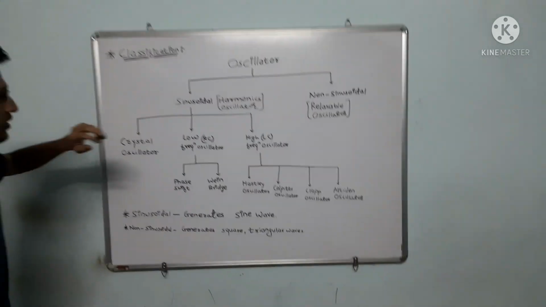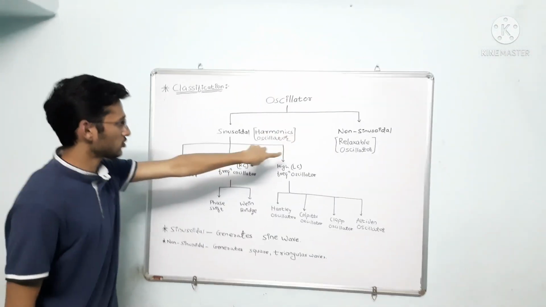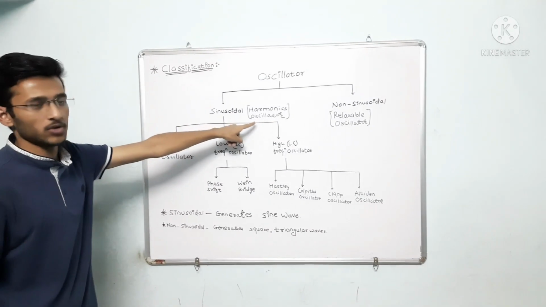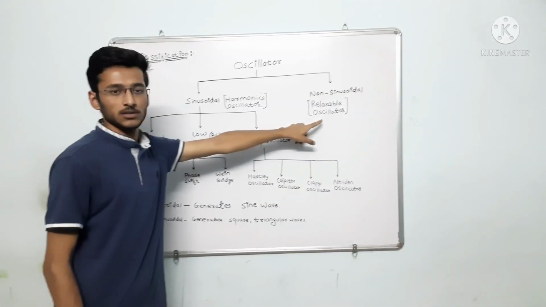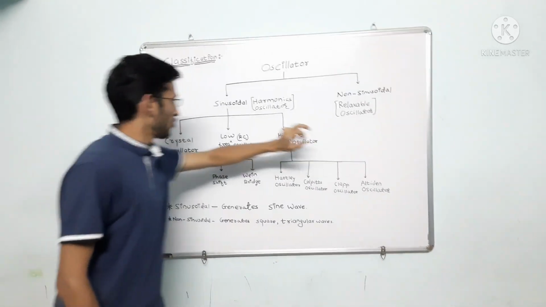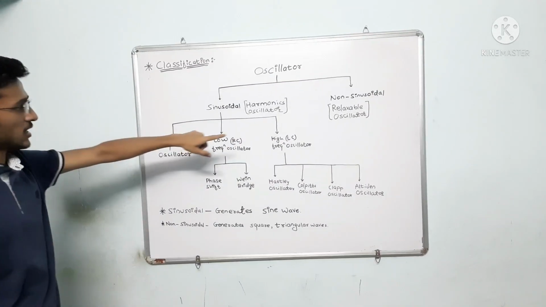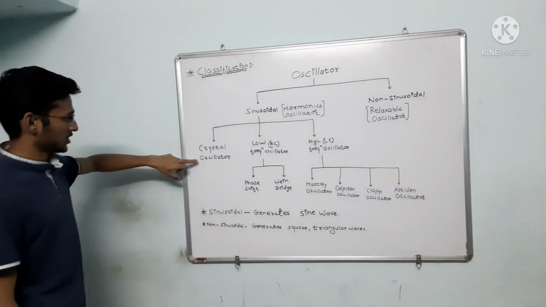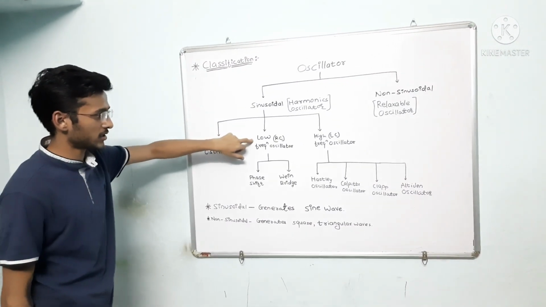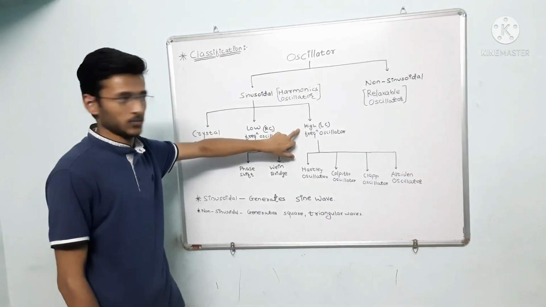Let me elaborate on it. As you can see, the two basic types of oscillator are sinusoidal, that is harmonic oscillator, and non-sinusoidal, that is relaxation oscillator. Further, sinusoidal oscillators are classified into three types: crystal oscillator, low frequency oscillator, and high frequency oscillator.